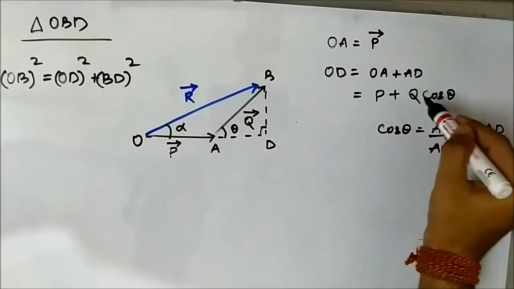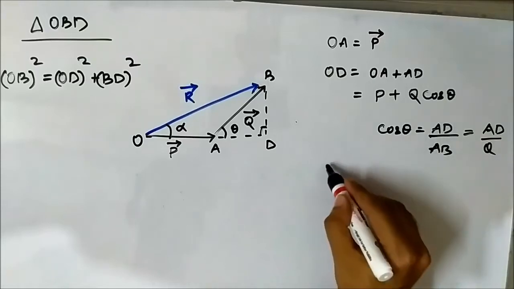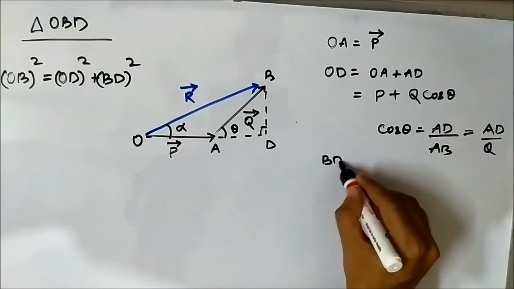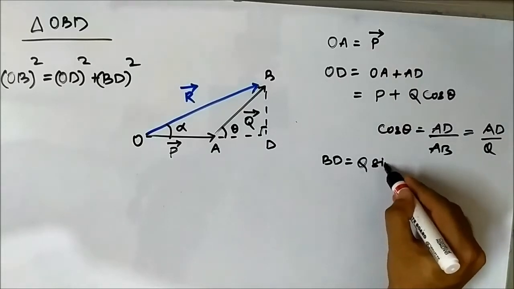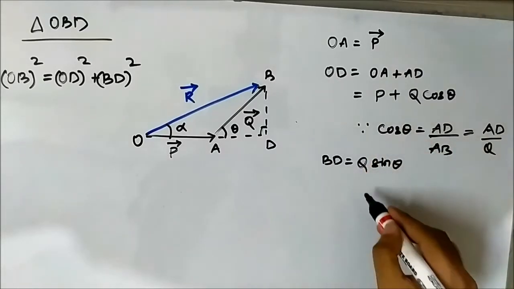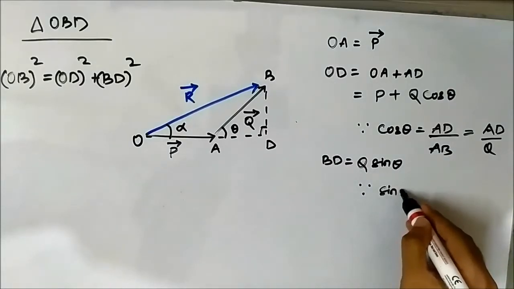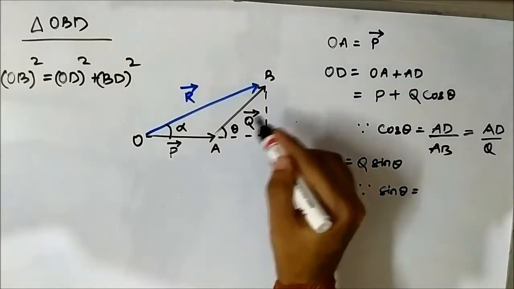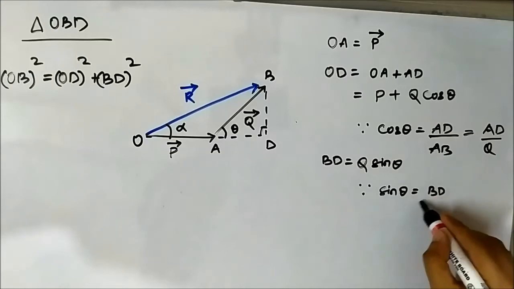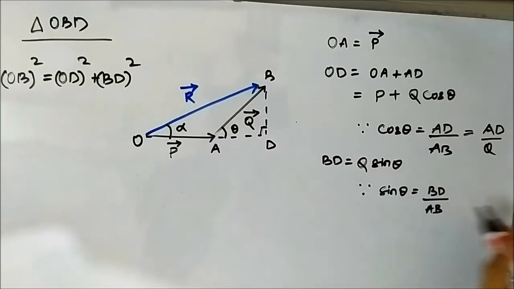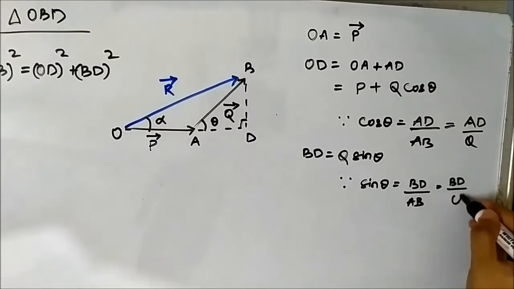So OD is P plus Q cos theta, and BD is Q sin theta, because sin theta is perpendicular by hypotenuse, which is BD by AB, which is BD by Q vector.